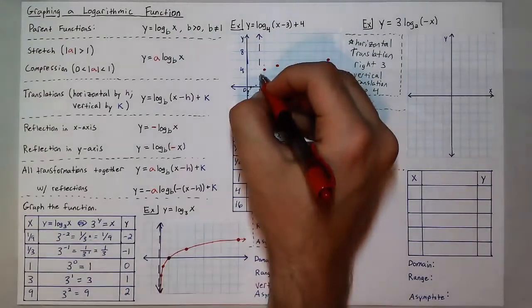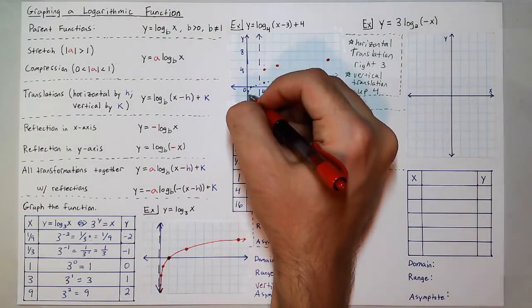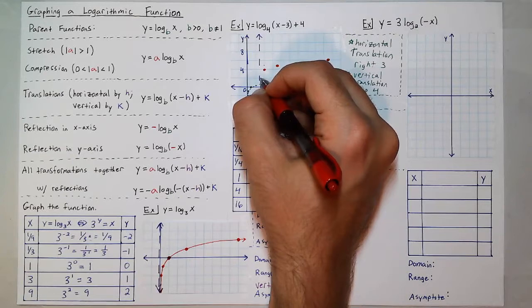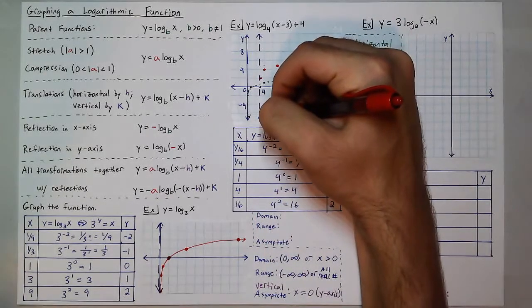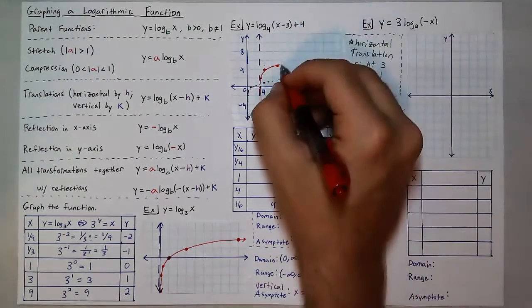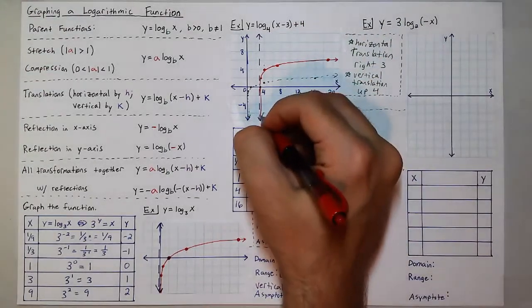And those points over at 1/4, -1, will be at now 1/4 plus 3, -1, and so on. And our graph will squeeze up against that asymptote curve and go upwards very slowly.